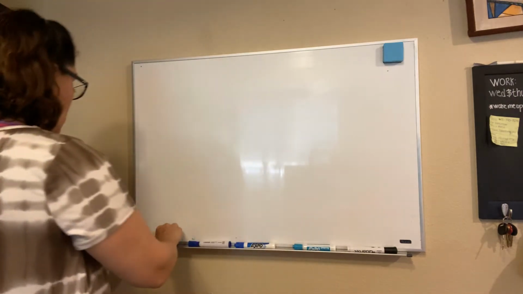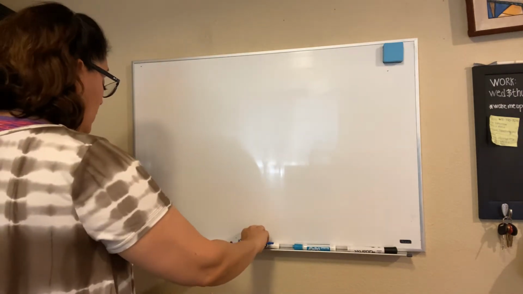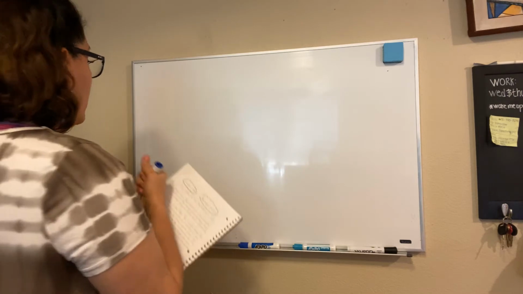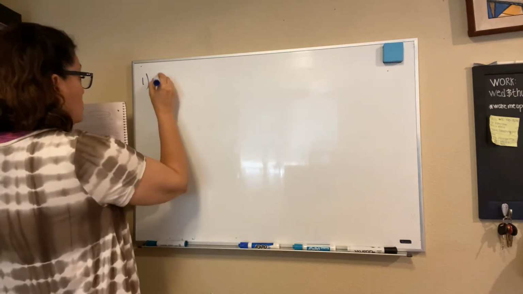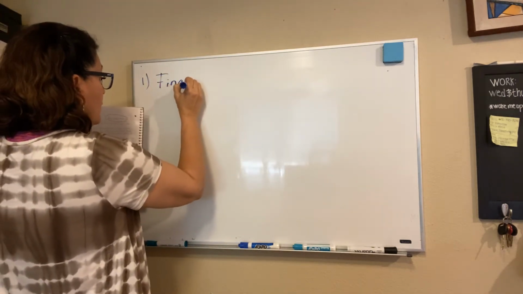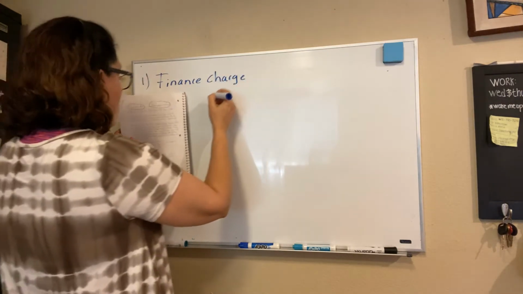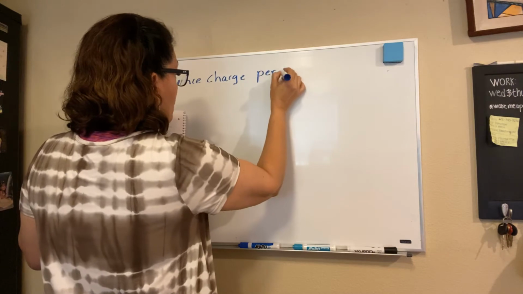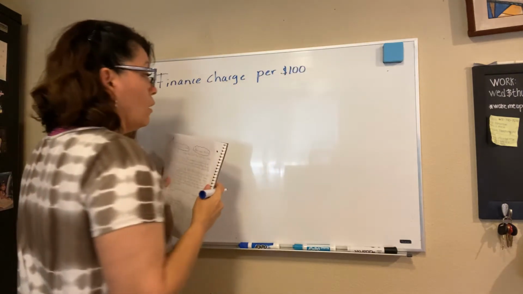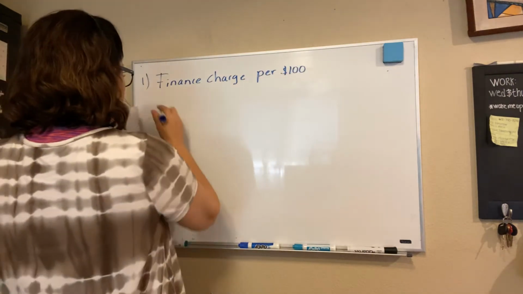So the first thing that we have to do is to find the finance charge per every 100 that you owe. So what is it?